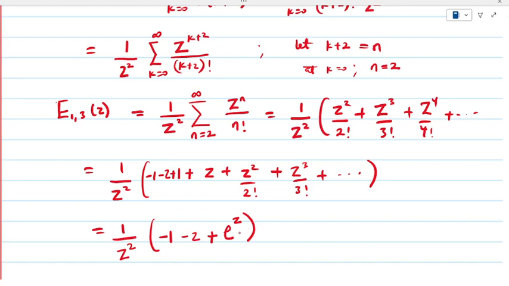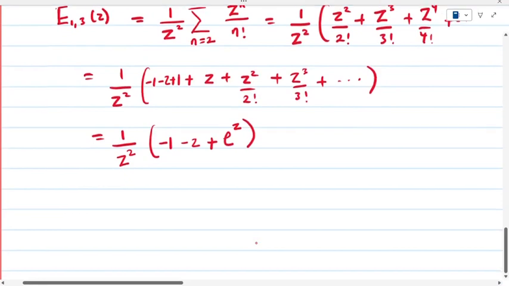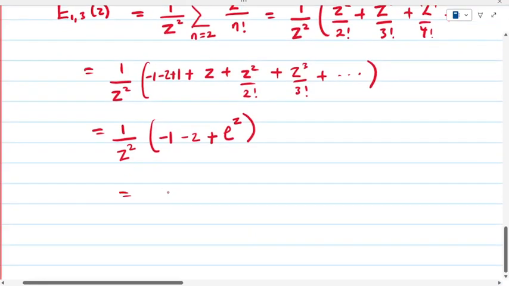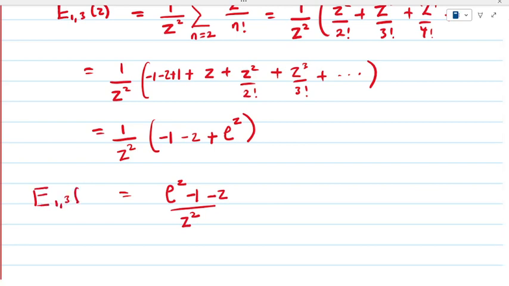Okay, so I can just rewrite this as (exponential z minus 1 minus z) over z squared, and that is the Mittag-Leffler function E_{1,3} of z.